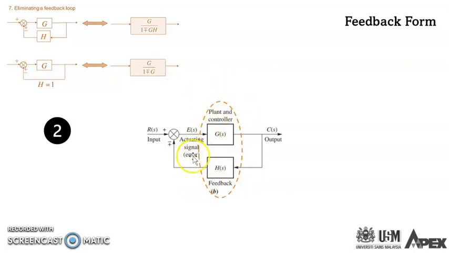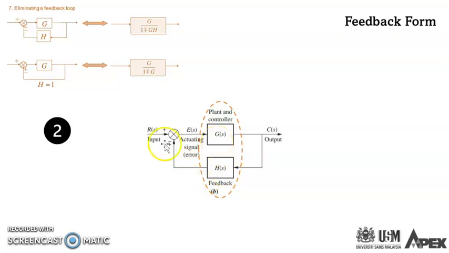So we need to simplify this part. There are two conditions where H is another transfer function. In this case, you simply apply this formula, if this one is G and this one is H. But let's say it's a unity feedback system, where H is equal to 1.